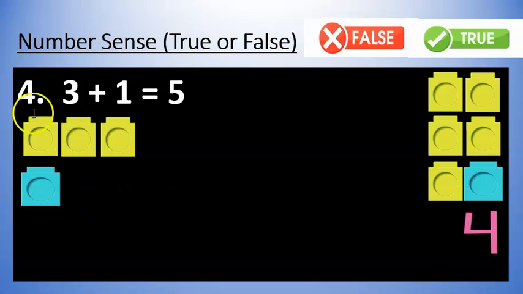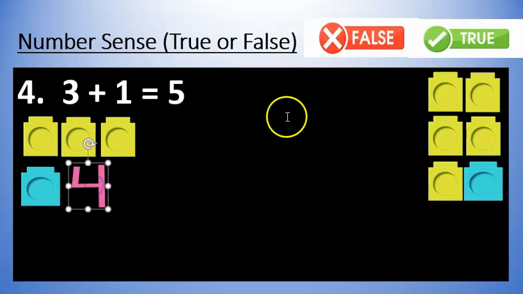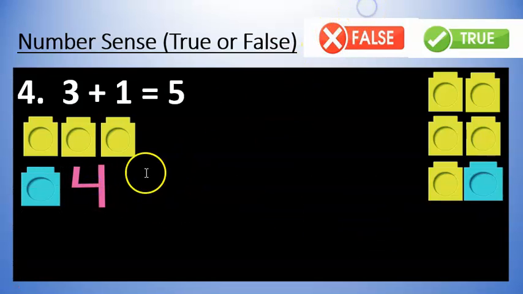Now, boys and girls, we got to see if this is true. When we add these cubes, does it equal 5? Let's count it. 1, 2, 3, 4. So boys and girls, I'm going to grab 4. Let me put that there. Now, boys and girls, are these two numbers the same? 5 and 4.